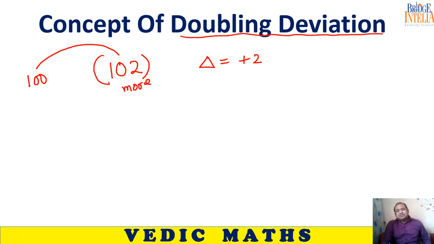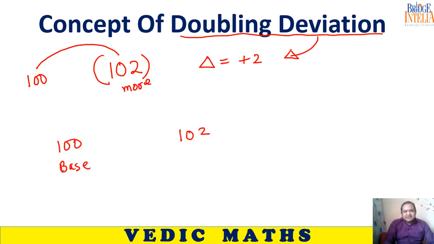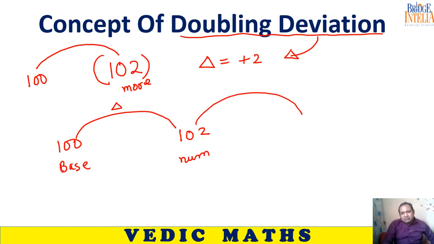If I ask you to double the deviation, what does this mean? Base is 100. The given number is 102. This is the value of deviation. I am asking you to double it. Doubling means one more time you are going to add deviation. So deviation is +2. You add +2 one more time. So 102 will become 104.